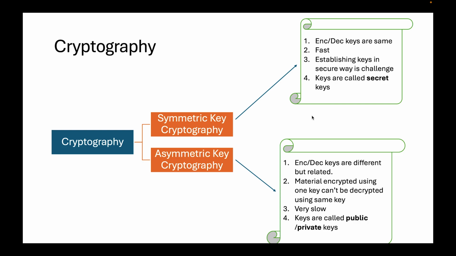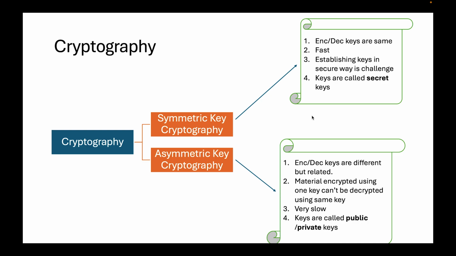Also, material which is encrypted using one key can only be decrypted using the second key. Meaning, if you use a key to encrypt a text, you cannot use the same key to decrypt it. It can only be decrypted using the second key.